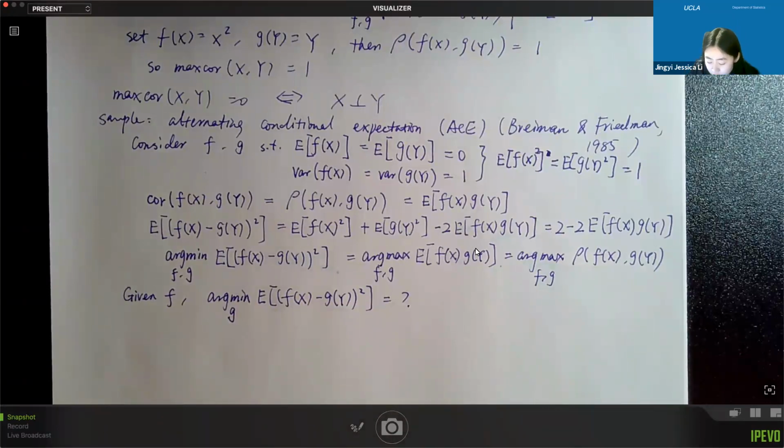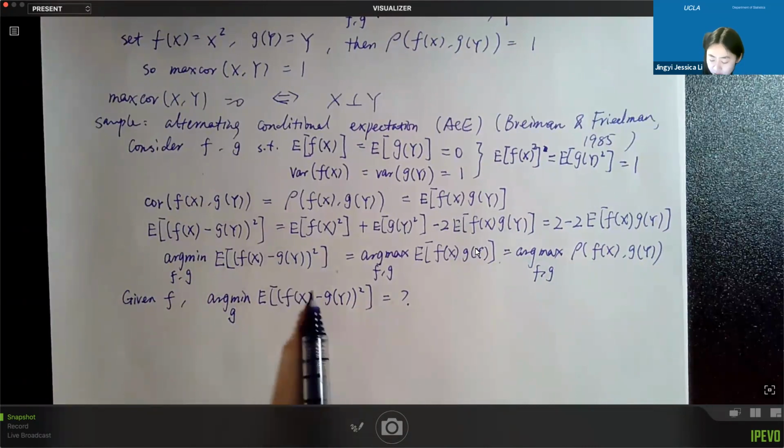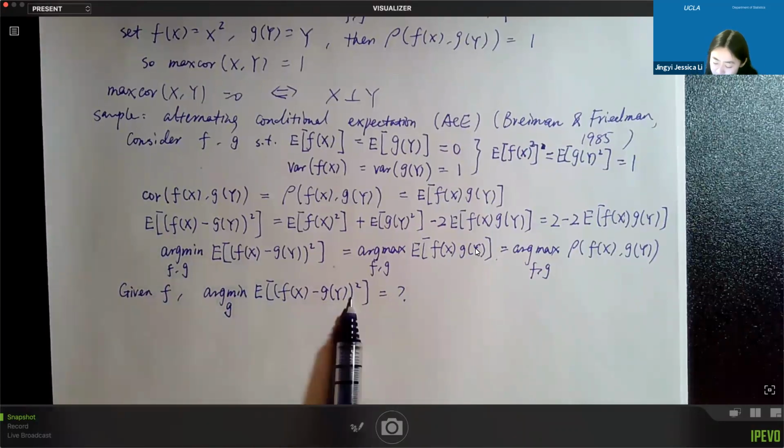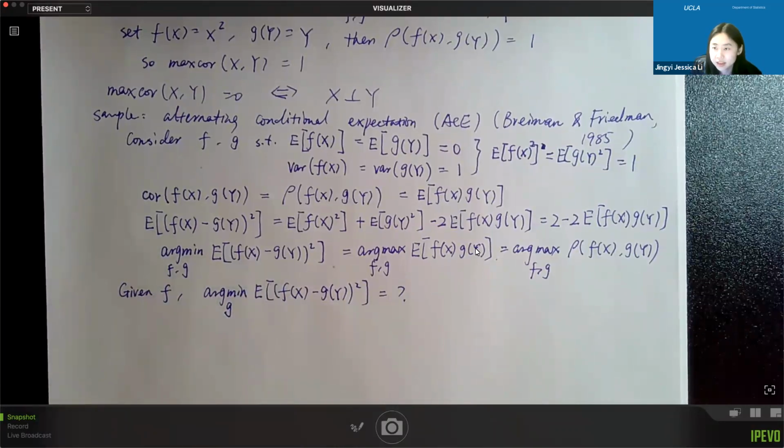To answer this question, when f is given, you can just think of f(x) as one random variable. Then the question is, how do we find a transformation on y so that g(y) is as close to f(x) as possible? And here the closeness is in terms of expectation. So this is essentially very similar to a regression problem. You can think of g as the regression function we want to find.